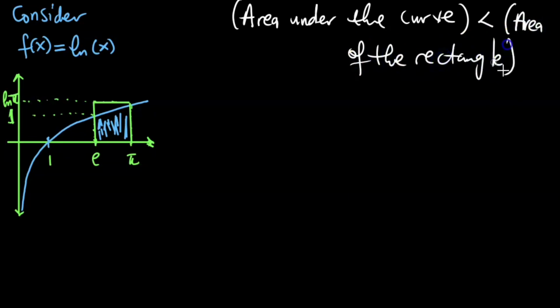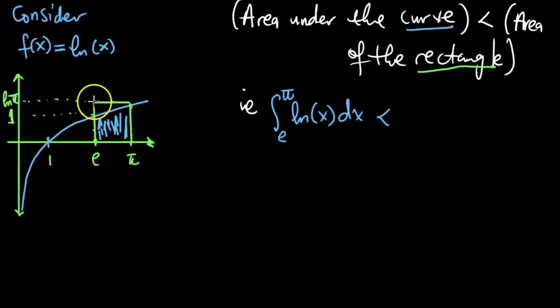Good. So that being said, that means the area under the curve, which we will denote using the integral, that is the integral of the natural logarithm of x over the x variable where x ranges from e to pi, okay, is clearly less than the area of the rectangle, where the length can be seen from natural logarithm of pi down to 0.